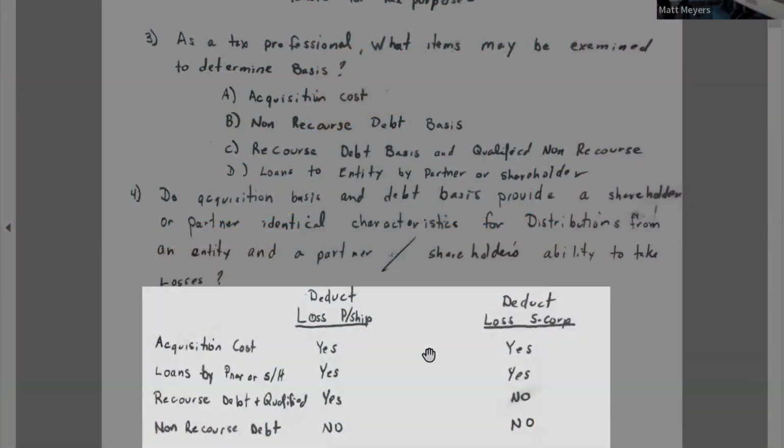Okay. Recourse debt and, for those that actually want to write it down, because it kind of is important, and evidently I was drinking again and I was lazy, recourse debt and qualified non-recourse debt.